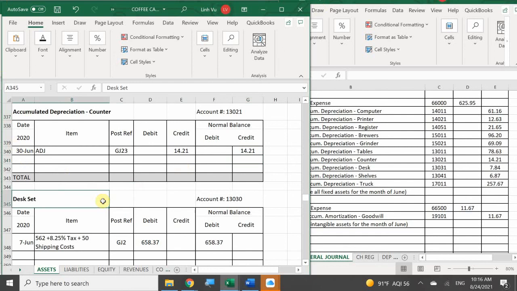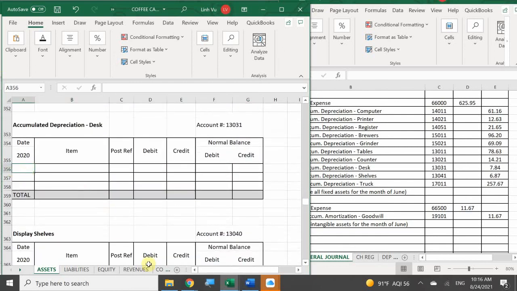The desk set was for $7.84. Okay. Last but not least, well, actually not the last one, but the last of our furniture is our shelves.